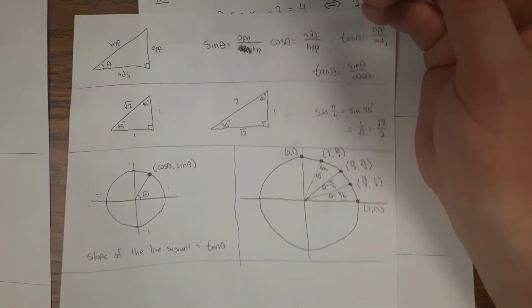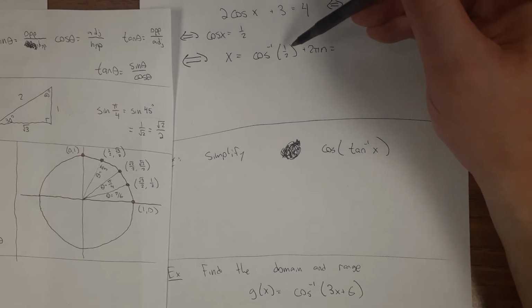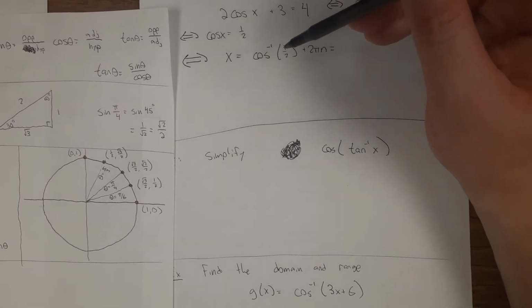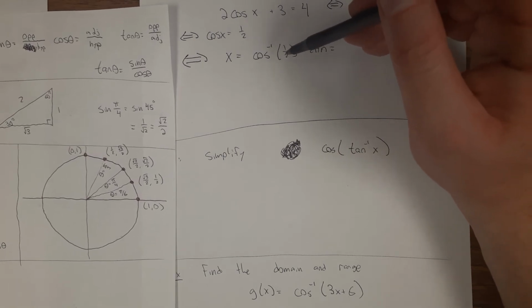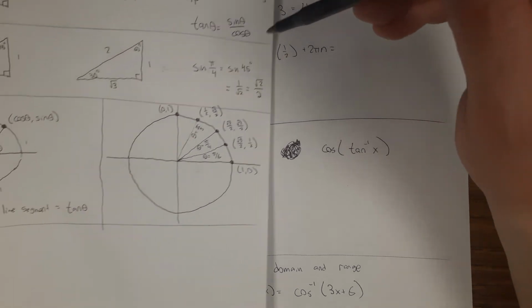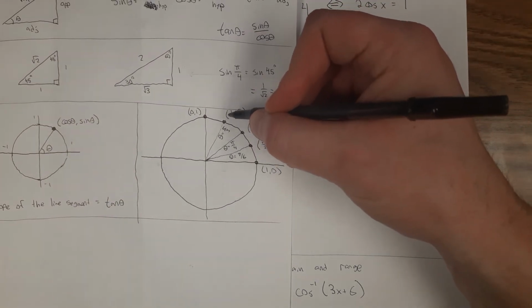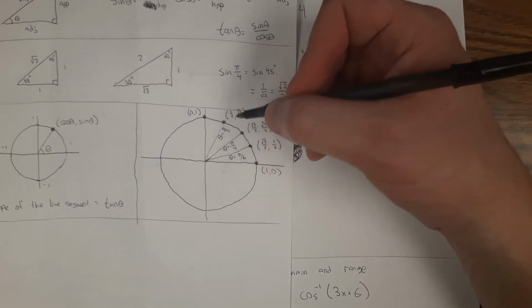And so if I want to find where that would be 1/2, like to find the arc cosine of 1/2, I'm looking for an angle whose cosine is 1/2, so its x-coordinate should be 1/2, and here I see a point whose x-coordinate is 1/2, and the angle that I would use to get that is pi over 3.